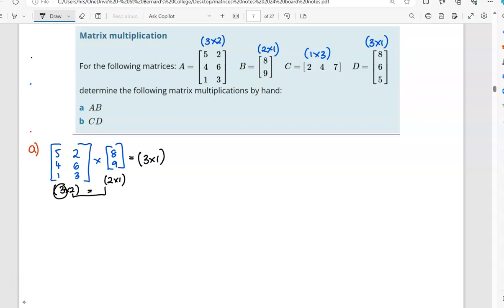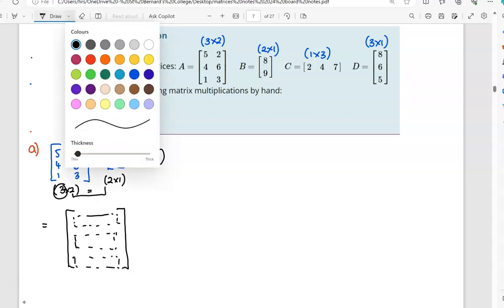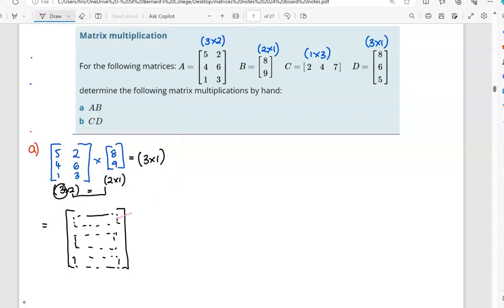So what I expect to see is a column matrix. So I'll have 3 rows in it, which means I'll have 3 elements and the 1 column like that. So I'm going to do it in different colors to help you. If I look at this one, it is row 1, column 1, so I'm going to use row 1 with column 1. So it's going to be 5 times 8 plus 2 times 9.